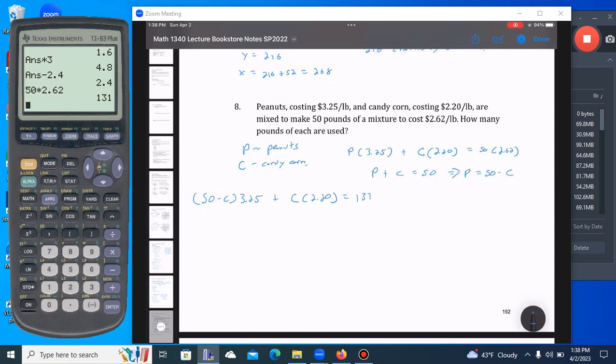So we got to distribute this. So 50 times 3.25 is 162.50 minus 3.25C plus 2.20C equals 131.